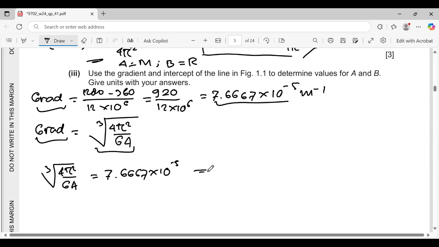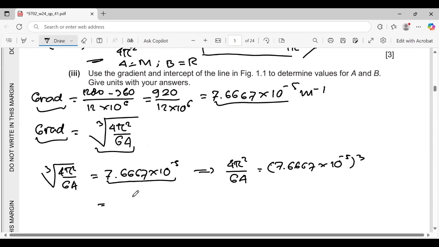So it becomes 4 pi squared over G times a equal 7.6667 times 10 power minus 5, cubed.